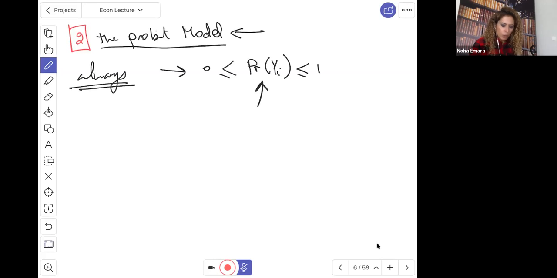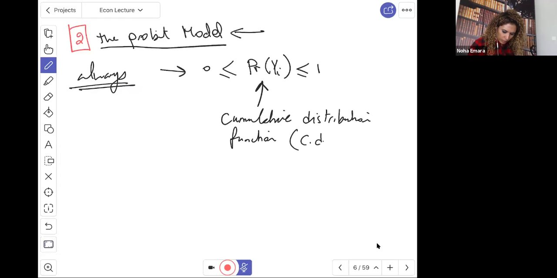With the probit model, this probability is computed using the cumulative distribution function, or the CDF, okay?